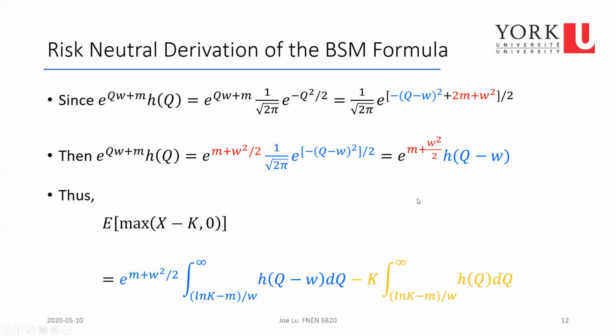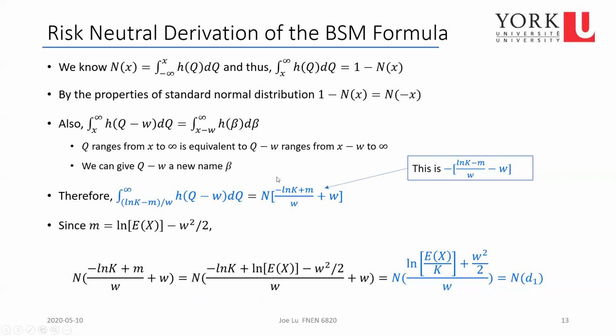So what we're going to do is pull this out so that the blue part becomes a constant, which we figure out here, and multiply by the expectation under the standard normal distribution for a new variable, essentially q minus w.